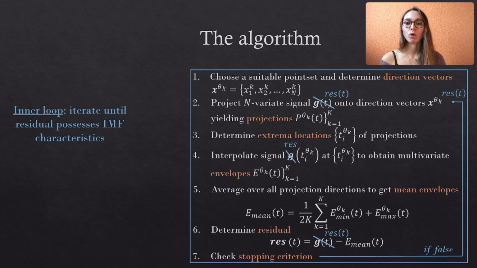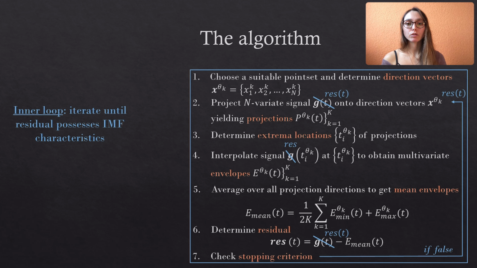The notation false is actually in contradiction to the statements I made on the previous slide, where I said that the different conditions need to be true to continue the sifting. But it is easier to express the stopping criterion in this way and then just reverse into its opposite to be in accordance with the notation we used for the univariate algorithm.